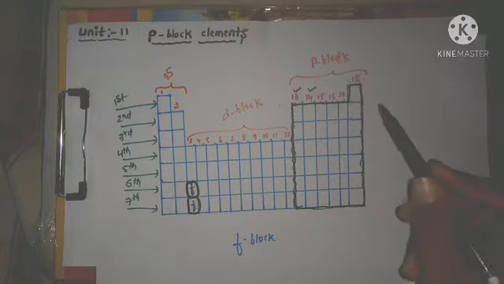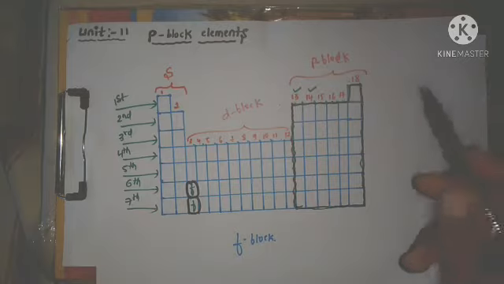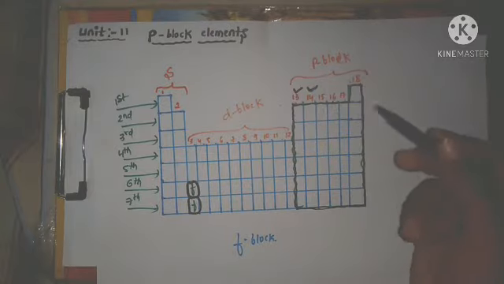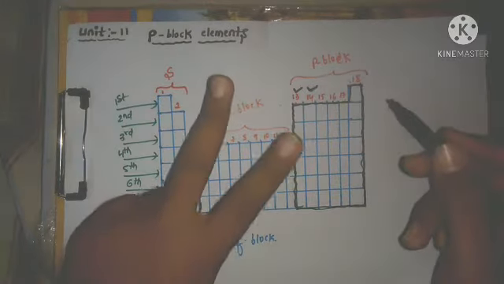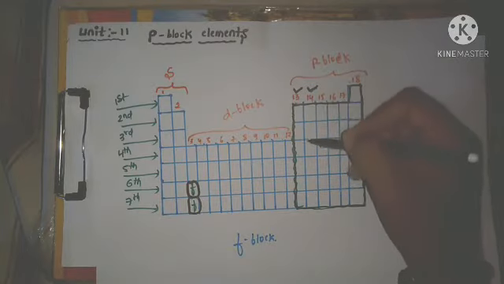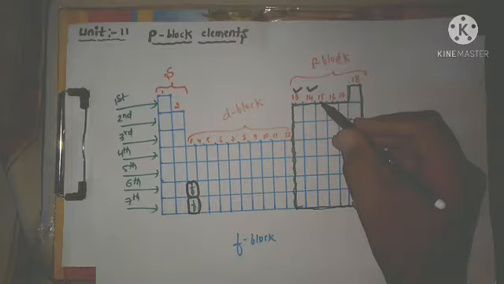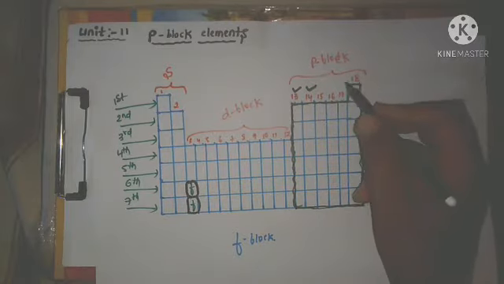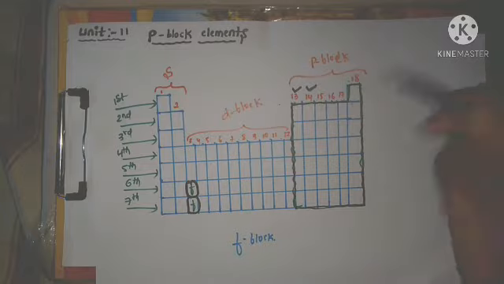6 groups. For your first PUC syllabus, only 2 groups we have to study. That is group number 13 and group number 14. And group numbers 15, 16, 17 and 18 we are going to discuss in the second PUC.